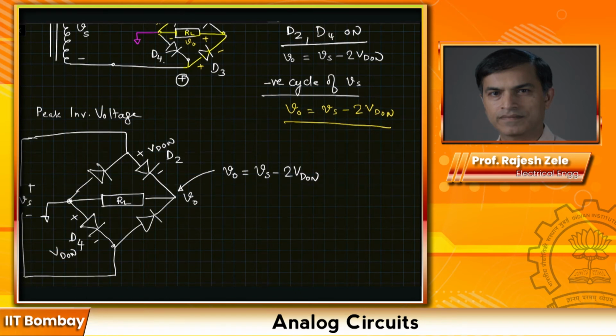Now we will figure out what is the reverse bias voltage for diodes D1 and D3. Let's take an example of the diode D3. So reverse bias voltage across D3.